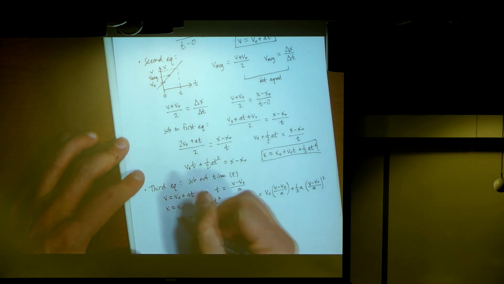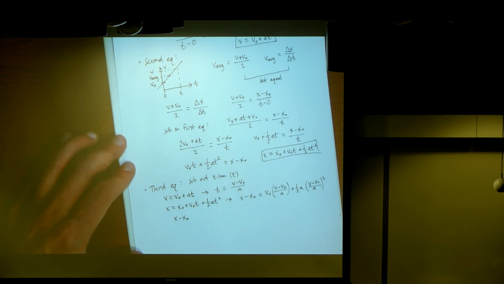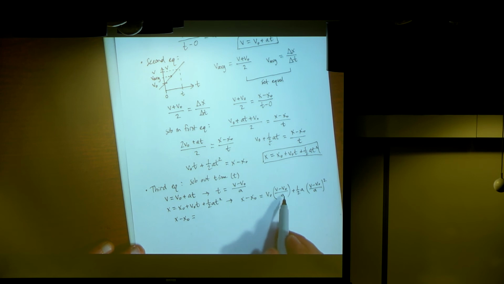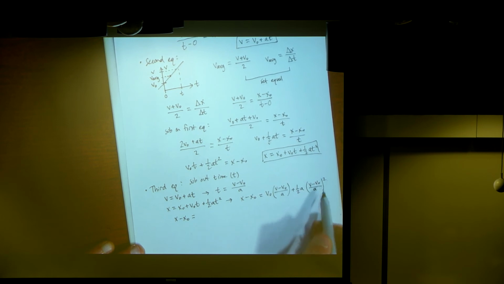So on the left side, I have x minus x0. Let's think about what we have on the right side. In my very first term, I have 1 divided by a. You guys see that? In my second term, I have an a on top, and then I have an a squared on the bottom after we actually square this thing in parentheses.